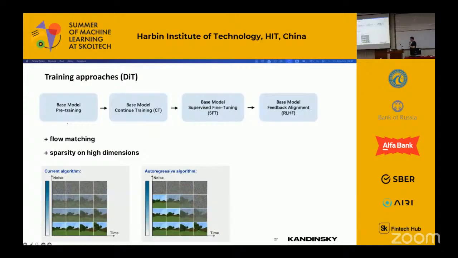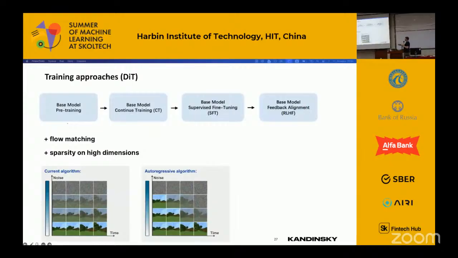Okay, what else? I would like to talk a little bit about the training approach of diffusion transformers, especially. Four aspects of that are really important if you want to train your diffusion transformer. First of all, I think the most important is that we have a standard recipe for how to train a really good diffusion transformer.